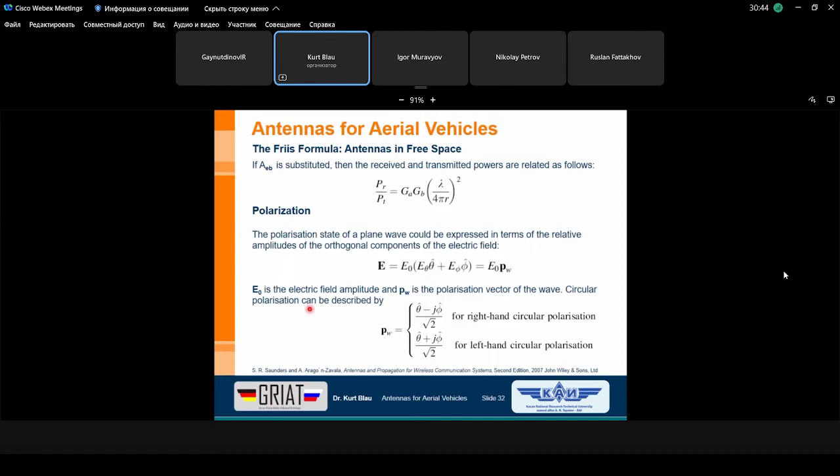And if you look in more detail at this behavior of a wire antenna, all these things are valid if you assume that, for instance, the wire has a very small diameter, means going against zero. In practice, this is not given. In practice, the diameter of a wire antenna is not zero.